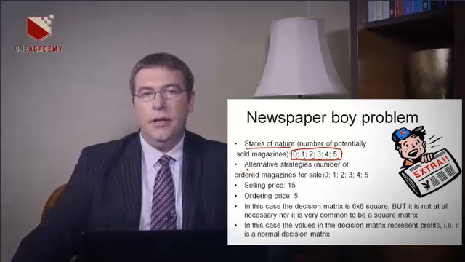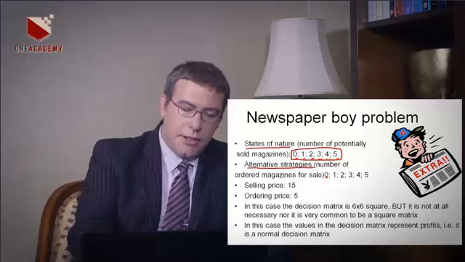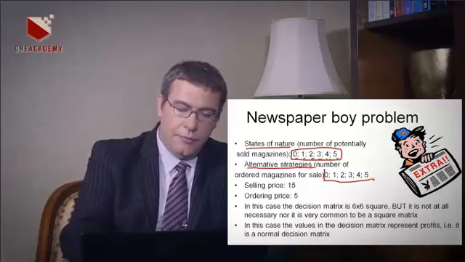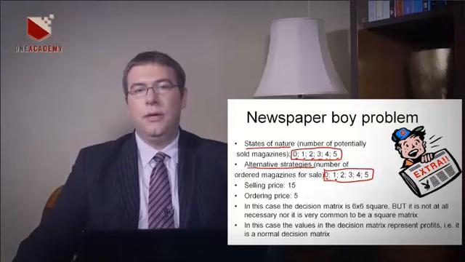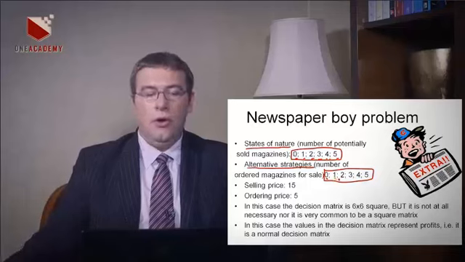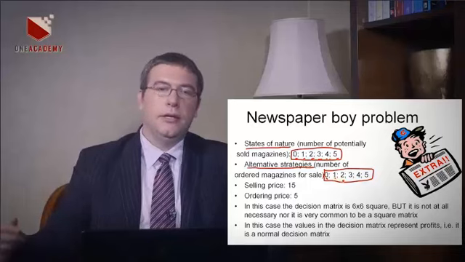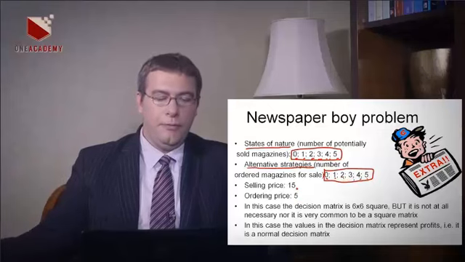So correspondingly, we have alternative strategies from 0 to 5. We might order 0 this month and basically say that we do not want to do business this month, or we might buy 1 expecting to sell it to at least 1 customer, or 2, 3, 4, or 5.